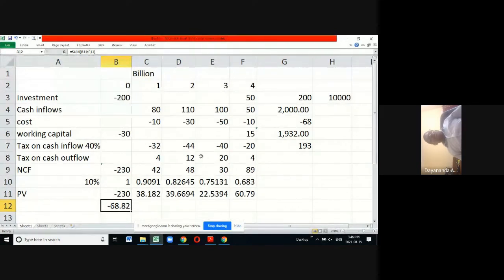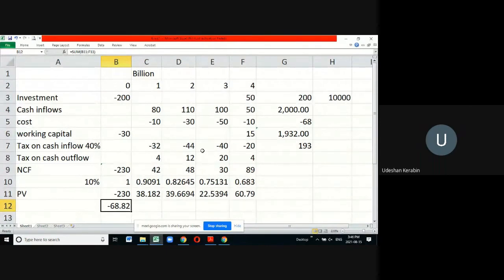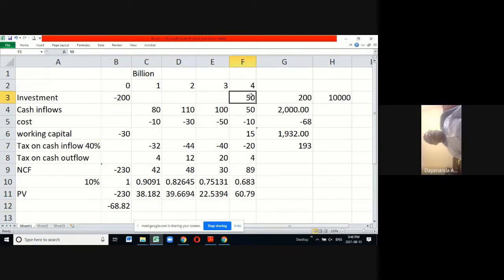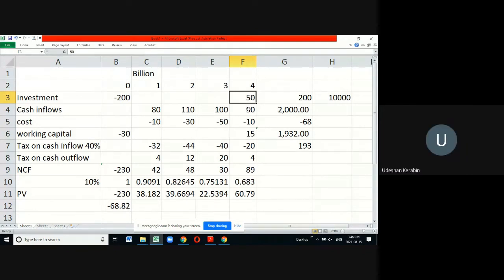What is your question? The fourth year, 50 billion, the investment row, where you are getting a cash inflow of 50. Do we have to consider that for tax?